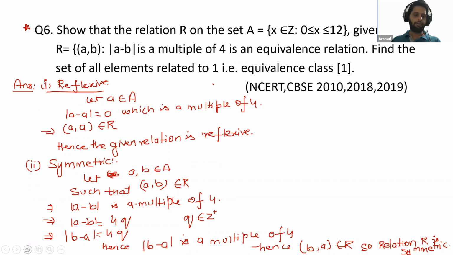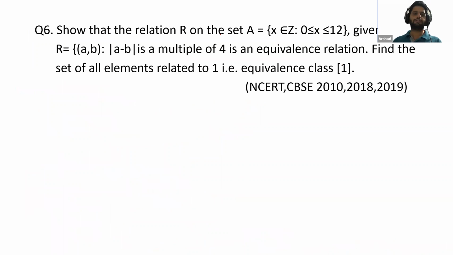Okay, good. Now please check the next part. They are saying, find the set of all elements related to 1, that is, equivalence class of 1. First of all, write the definition of this equivalence class.